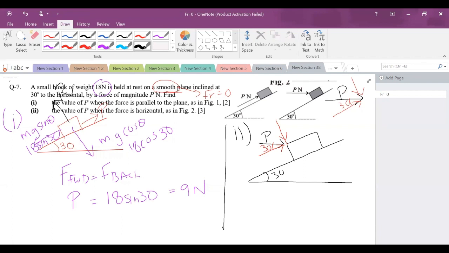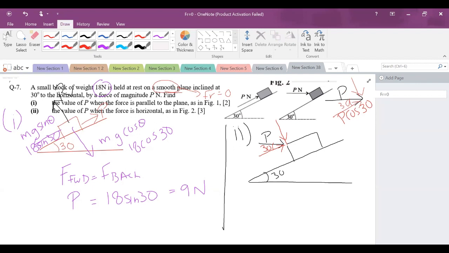The lower component is going to be the cos component, so it's going to be P cos 30 because it's the base, the adjacent, which comes in cos.